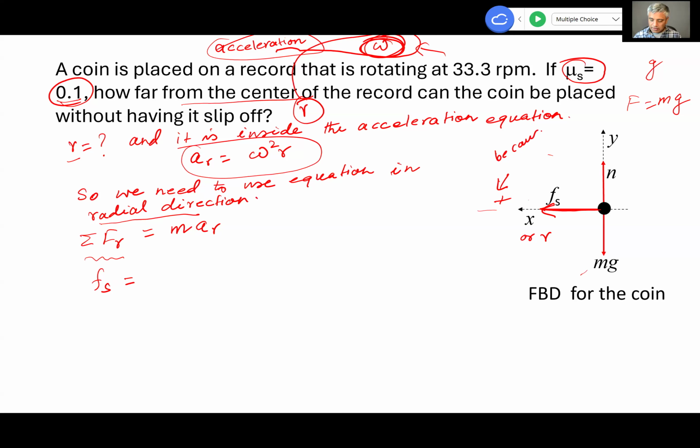Because a_r points towards the center. Okay. So while you are solving a radial or circular motion problem, you want to choose one axis in the radial direction and choose positive towards the center of the circular path. That way the acceleration always remains positive. And in this case, even the force is positive. Okay.